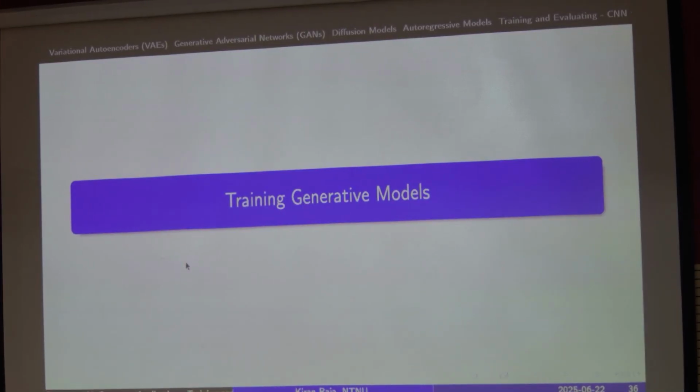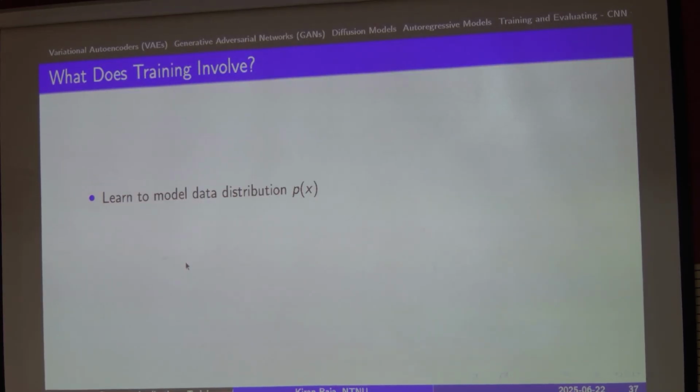So if you have these different models, for CNNs we somehow have control. We can backpropagate the loss, measure the performance, and say it's good or not good. But in the case of VAE models, what we first want to do is learn to model the distribution. Once you have learned the distribution, only then can we do other things, right?